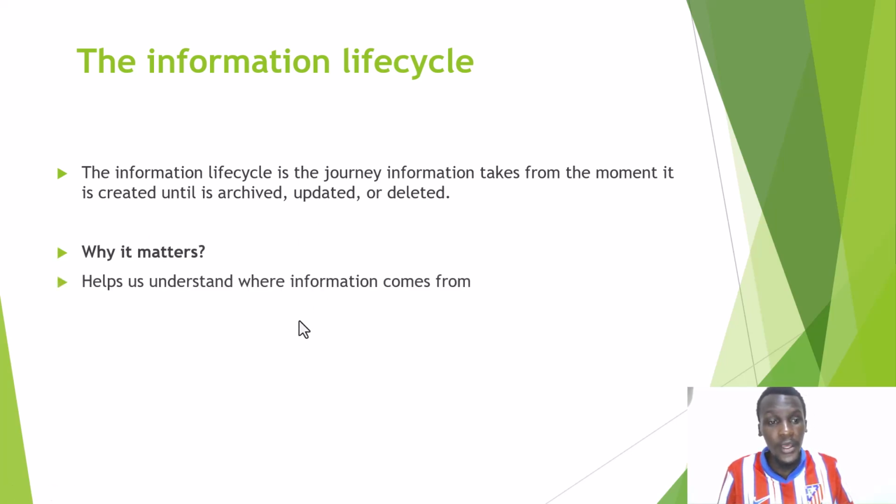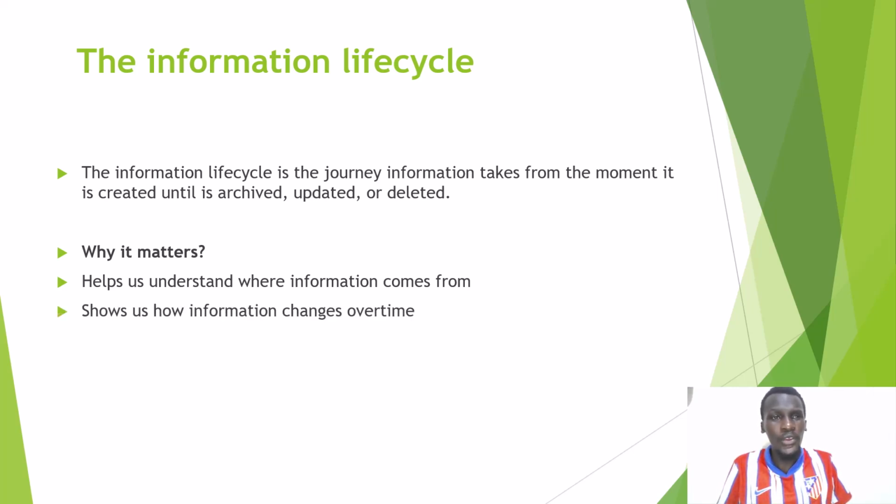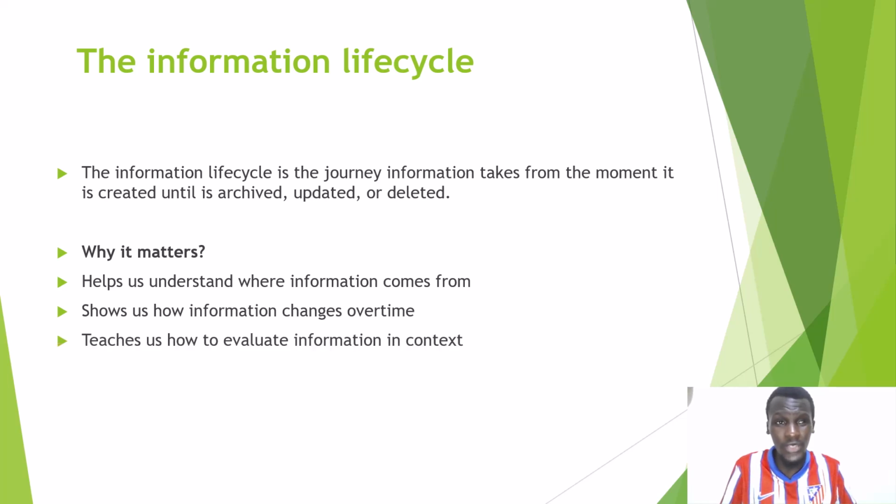Now, why does the information life cycle matter? It helps us understand where information comes from. It is good to know the basis of the information we have, and the information life cycle shows us exactly where certain pieces of information are coming from. It also shows us how information changes over time.